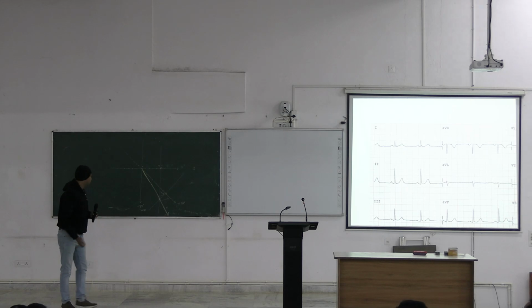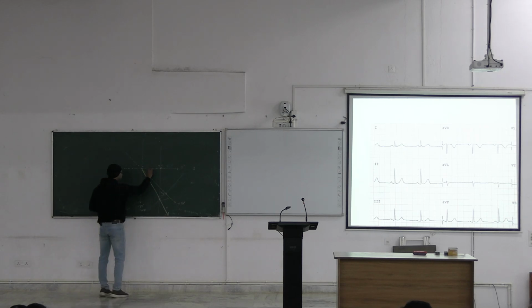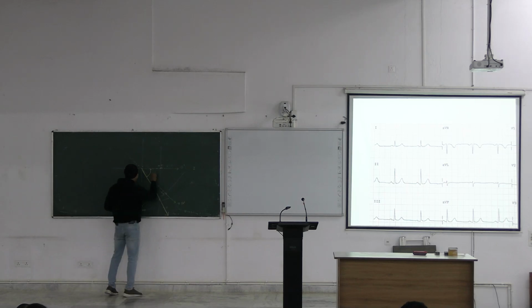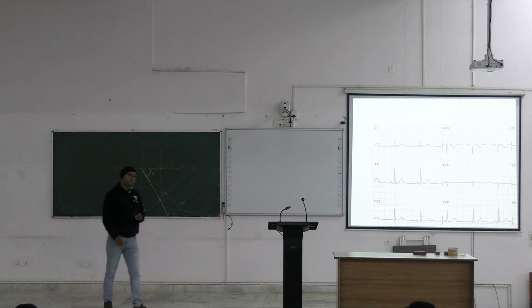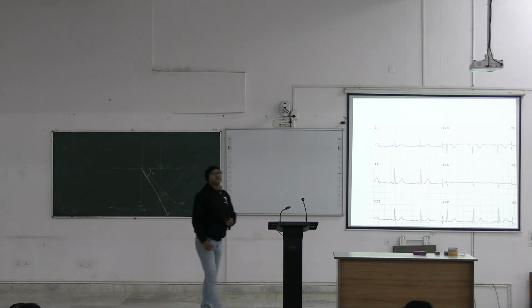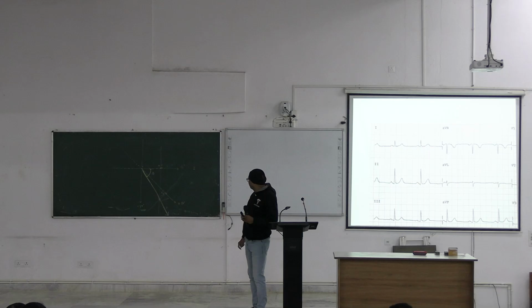Now use a protractor and measure this angle. Measure this angle with a protractor and you get ECG axis. Okay. So lead 2 is plus 60 degree. So it is somewhat beyond that.